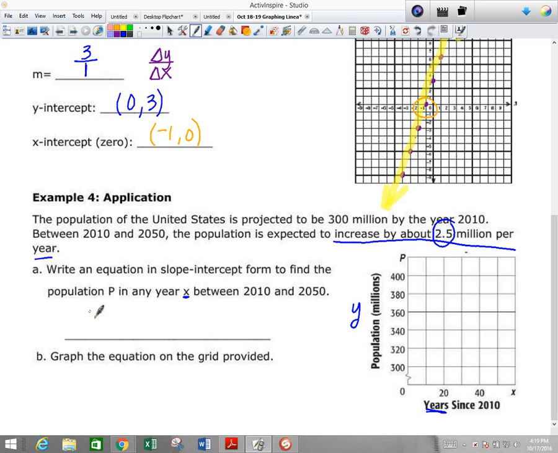So that means that y is equal to 2.5 per year, so times x. 2.5x. And in 2010, it was already projected to be 300 million, which means from 2010 and up, it's going to increase. Okay? And it started at 300 million. That was my starting place.